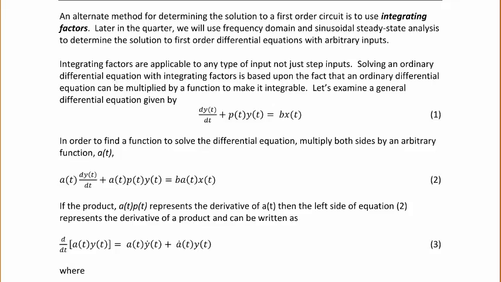If the product a(t) p(t) represents the derivative of a(t), then the left side of the equation represents the derivative of a product, and can be written as the first derivative of a(t) y(t), which is equal to a(t) y dot(t) plus a dot(t) y(t).